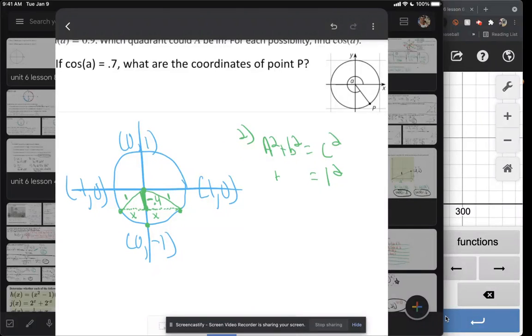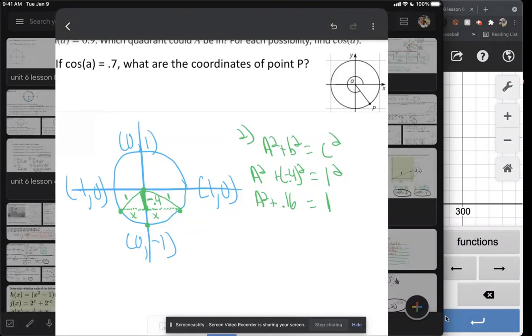I'm going to make my b negative 0.4 squared. So I have a squared plus negative 0.4 squared equals 1 squared. On my phone, I'm going to do negative 0.4 squared, so negative 0.4 times negative 0.4, and I end up with 0.16.